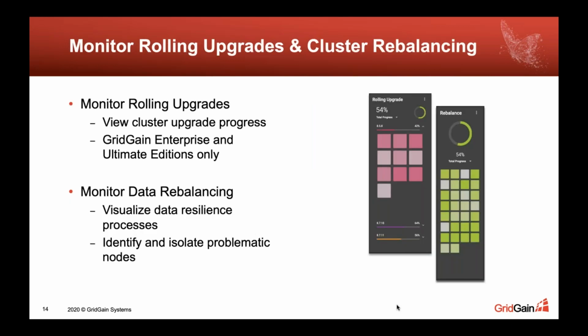And we'll show you just a very short demo of that. Another part in Control Center that can be useful when working with Ignite clusters is visualizations or more information about rebalance events.